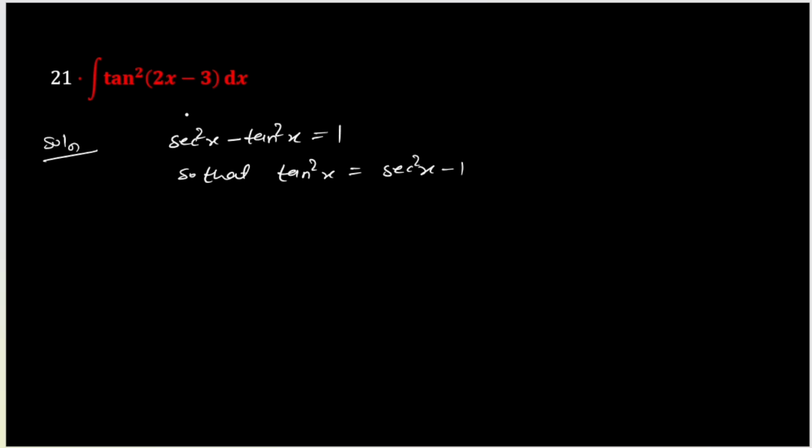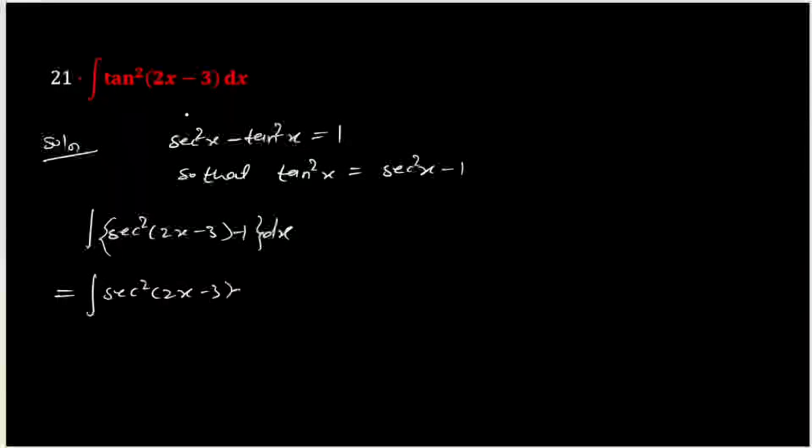So this integral we can rewrite as the integral of (sec^2(2x - 3) - 1) dx. In separate form, we can also write it as the integral of sec^2(2x - 3) dx minus the integral of 1 dx.